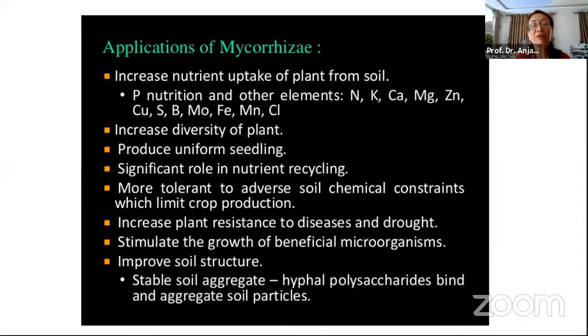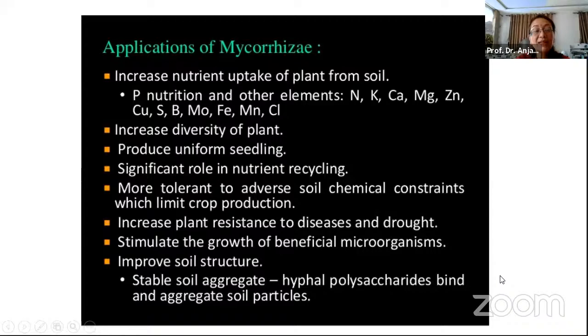It will stimulate these bacteria to survive in that condition and help the plant for plant growth promotion. And it will also condition the soil, that means it will improve the soil structure. Therefore, the plants can survive easily and grow easily.